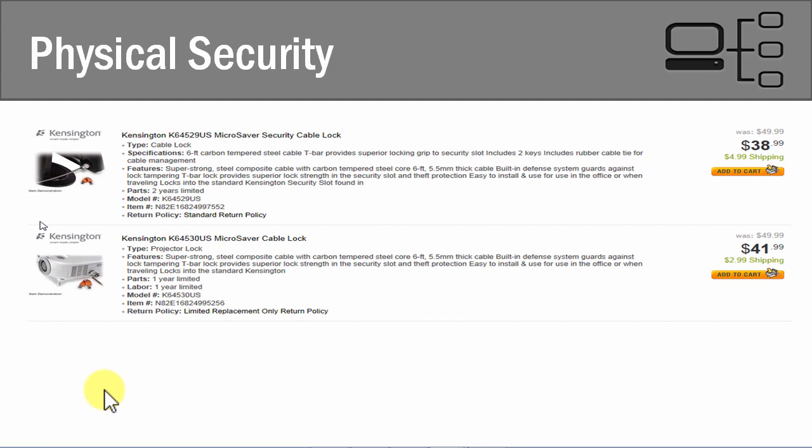Same thing, they could do it with your screens as well. So if you're not locking down your LCD screens, you come in the office, you can't get on the network. So these are all part of the network, and we need to think about physical security. So we need to think about locking down all of our systems with our cable locks, with locking the doors and everything else.